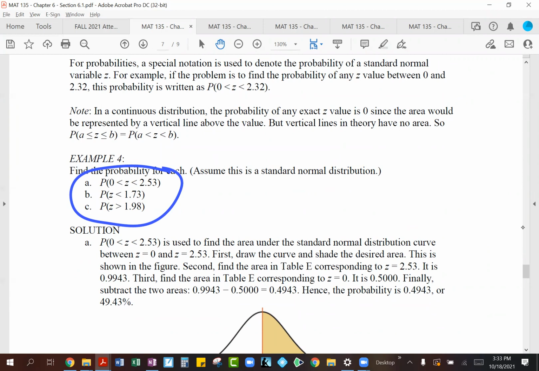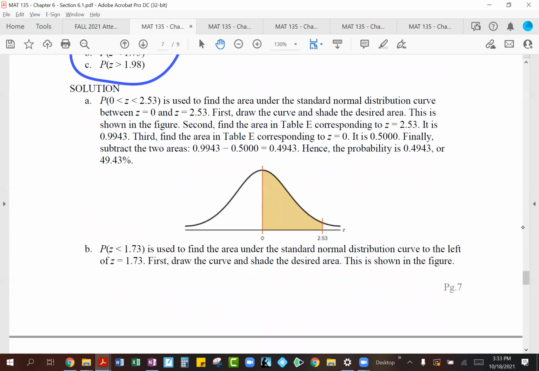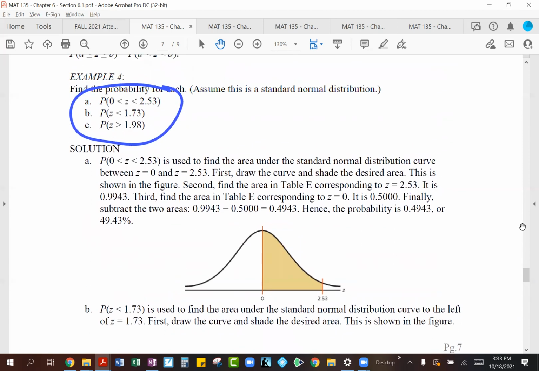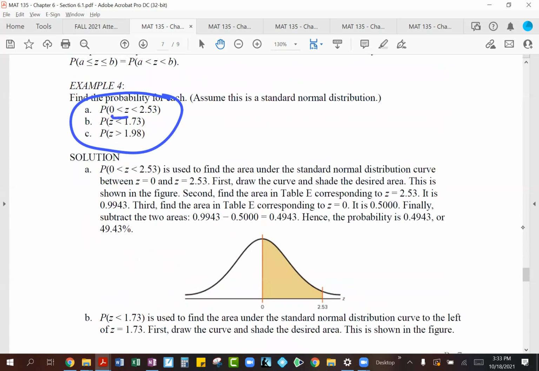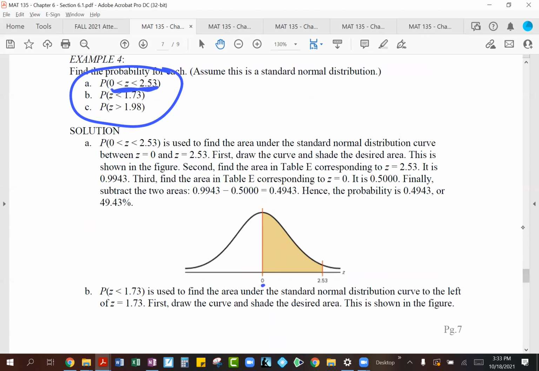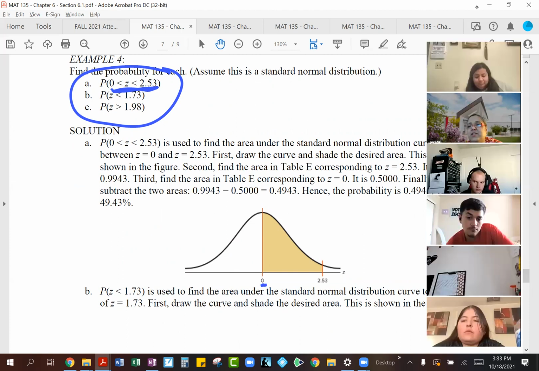We're just using the standard normal curve over here for now, but we want to know what is the area between 0 and 2.53. So 0, of course, is where your mean is going to be. And 2.53 basically means you are between the second standard deviation and third standard deviation above the mean. So you're kind of halfway between that.